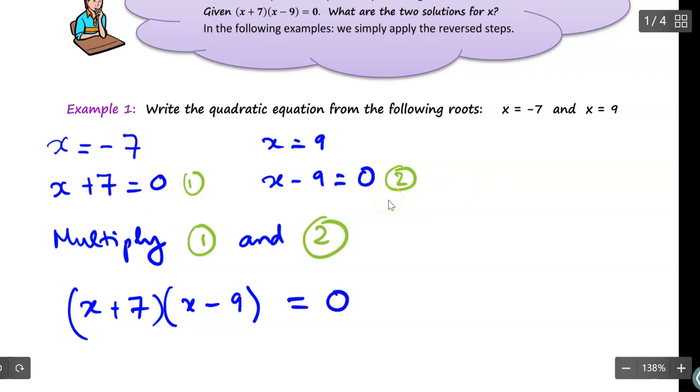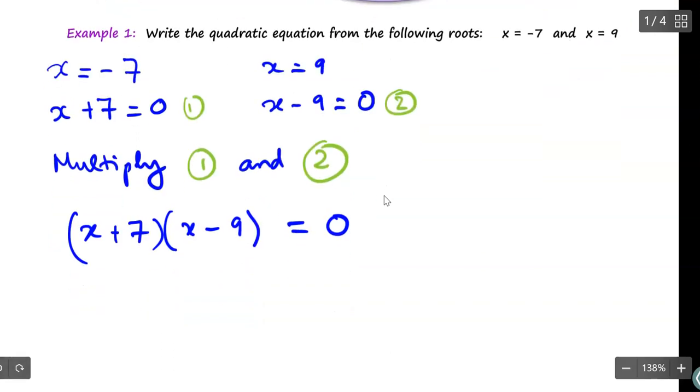So now you've almost turned this into a quadratic equation already. Don't forget that an equation has both sides. In terms of a quadratic equation, the right hand side has to be equal to 0. Now all you have to do is expand the terms.